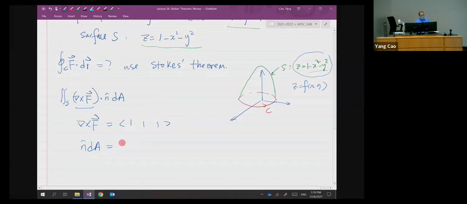And then there's positive or negative. In this case, you use the positive because C is oriented counterclockwise, so your n hat needs to be pointing upwards. So n hat dA is negative f_x, negative f_y, and 1, dx dy.